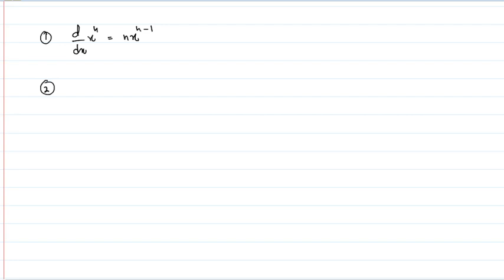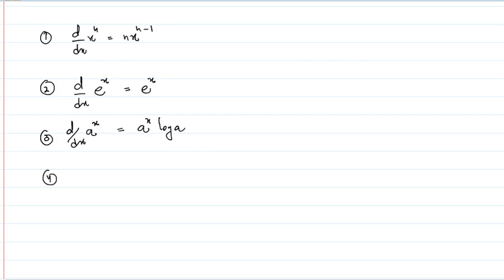The second formula: if you differentiate the exponential e raised power x, this will always be equal to e raised power x. Third, d by dx of some constant a raised power x will be equal to a raised power x log of a. One more, d by dx of log of x will be equal to 1 upon x. Or you can say d by dx of ln of x is also equal to 1 upon x.